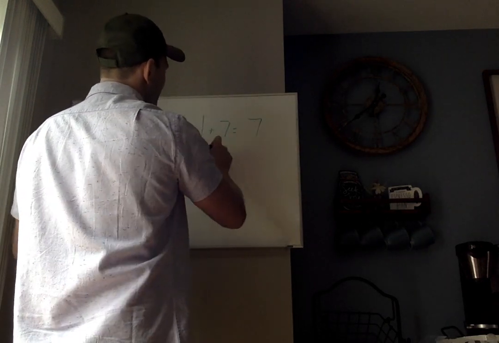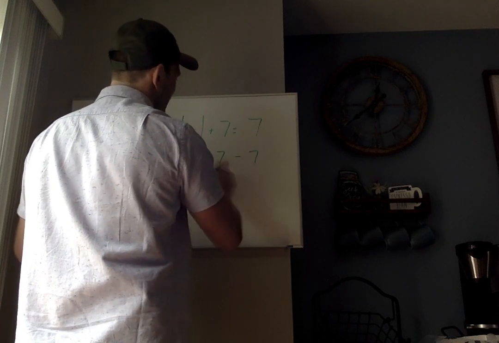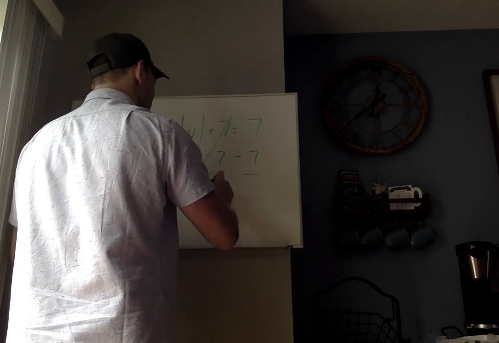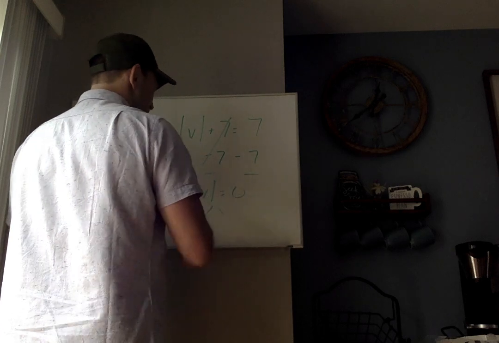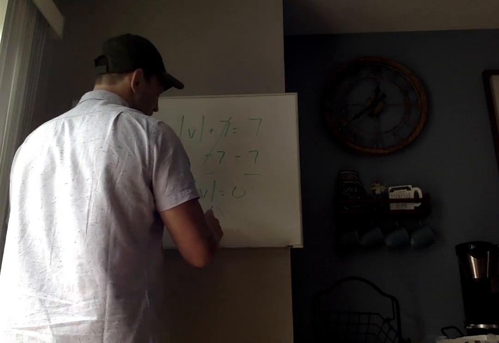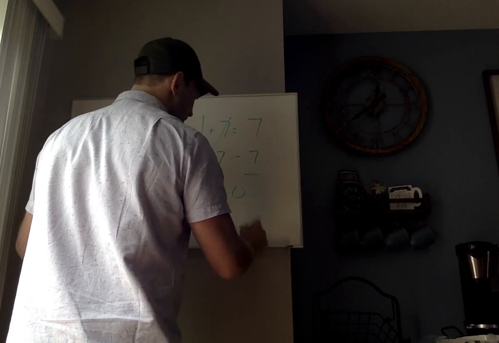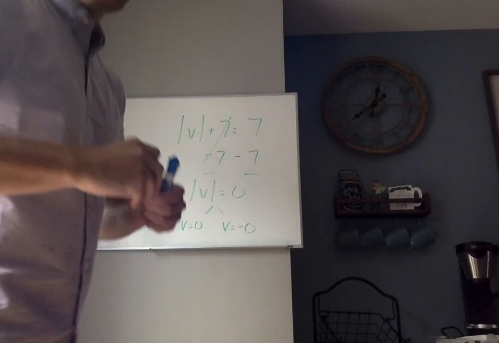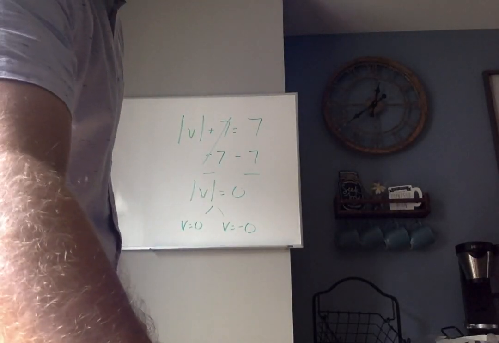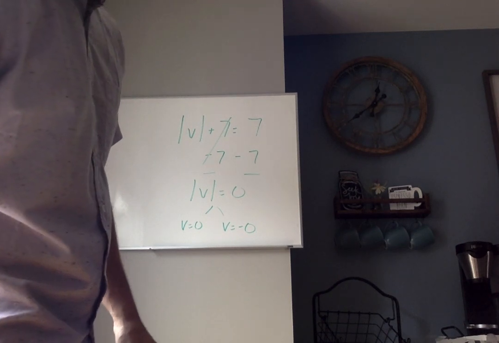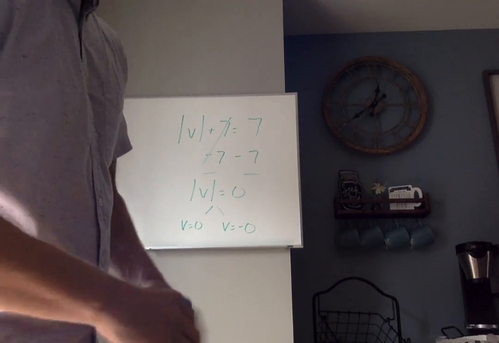You can see what happens here. Subtract 7 to get that absolute value alone. I have the absolute value of v equals 0. So I break this apart and I get v equals 0 and v equals negative 0. But 0 is 0 no matter how you divide it up, so I actually only have one answer here.